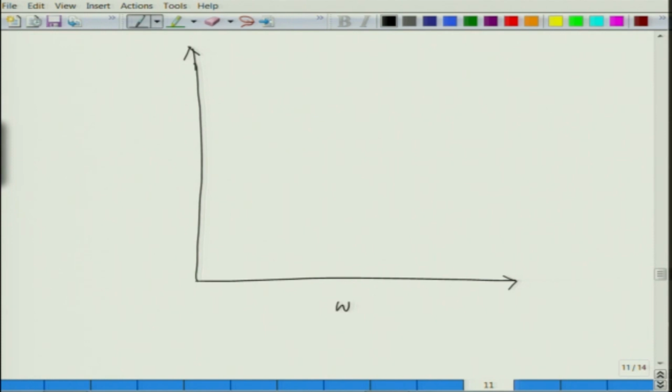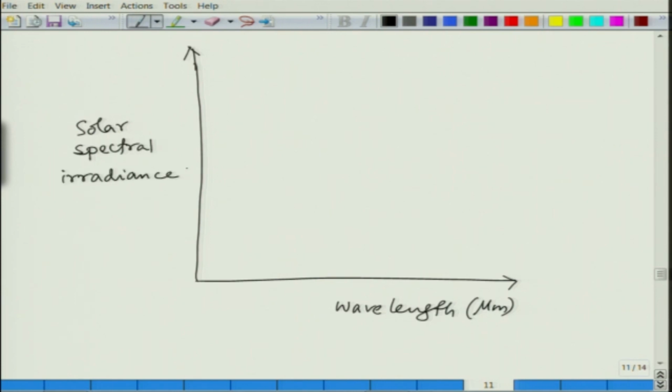Here we are plotting wavelength in micrometer on the x axis, and on the y axis we are plotting the solar spectrum, rather spectral irradiance, in watt per meter square micrometer.